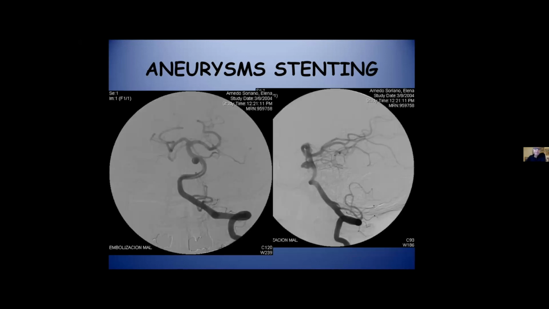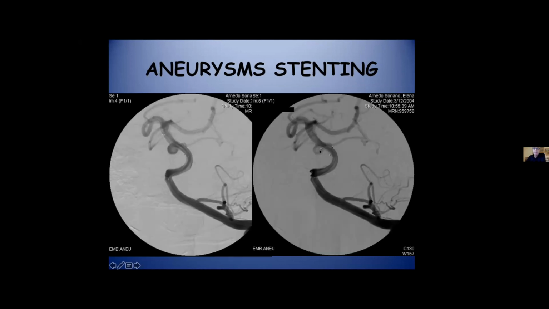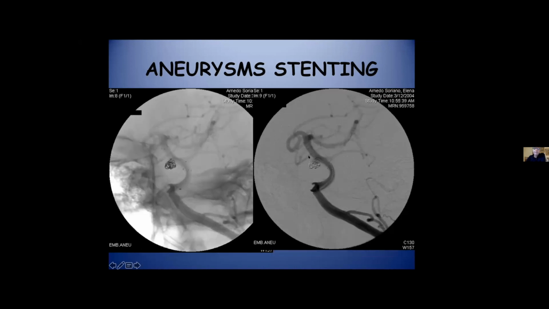In the middle part of the basilar trunk, I use the standard technique every time. This was treated in 2004 with jailing and stent, no flow diverter, an open cell stent. Why? Because with this you don't get thrombus of the perforating vessels.